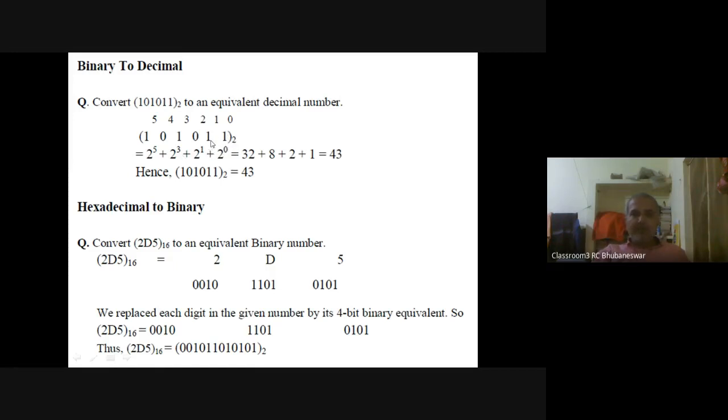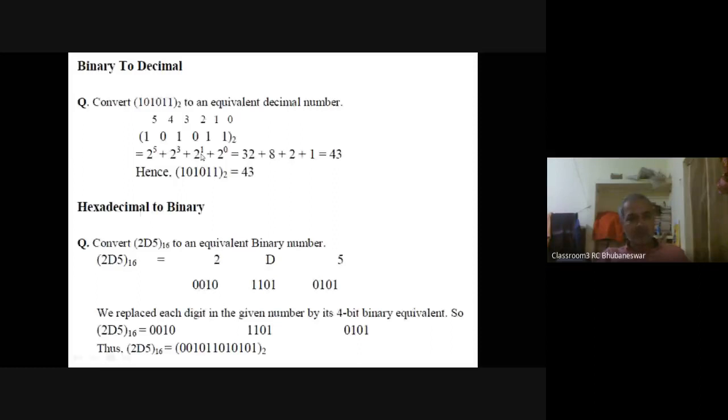Will write 1 into 2 to the power 0 plus, उसके बाद ये वाला 1 into 2 to the power 1, ये right side से, then plus 0 into 2 to the power 2 plus 1 into 2 to the power 3 plus 0 into 2 to the power 4 plus 1 into 2 to the power 5. 2 to the power 5 plus 0 into something is equal to 0 plus 1 into 2 to the power 3 plus 2 into 2 to the power 1. 0 into 2 to the power 2 is 0 plus 1 into 2 to the power 0.